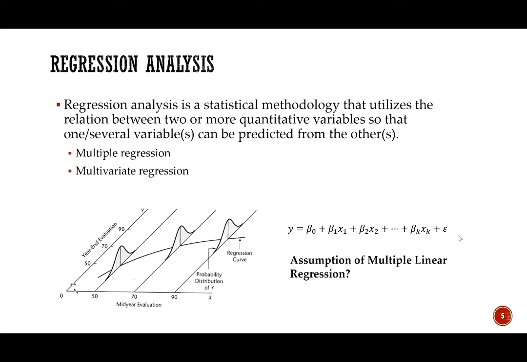The third assumption is that the variance of error terms is similar across the values of independent variables. To check that, we can look at the plot of standardized residuals versus predicted values, and we can see if the points are equally distributed. The last assumption is that multiple regression assumes that residuals are normally distributed.